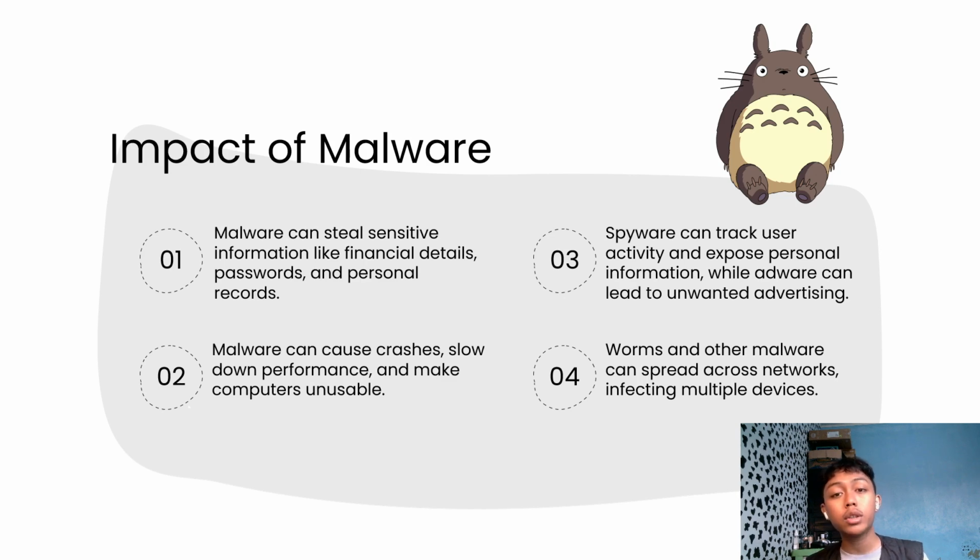Spyware can track user activity and expose personal information, while adware can lead to unwanted advertising. Last is worm and other malware can spread to your network and infect other devices.